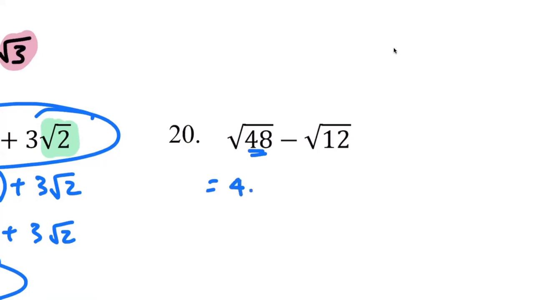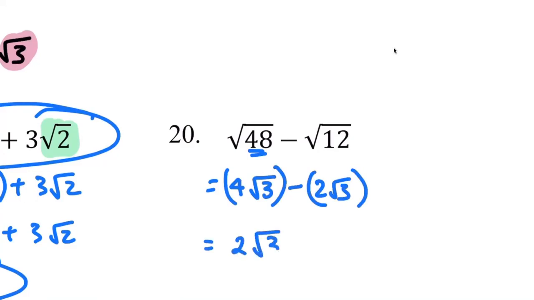Then you know that is 4 root 3. Okay, that's square root of 48. And then square root of 12, well, 12 is 4 times 3, so 2 root 3. So they were not like terms at the beginning, but after simplifying it, they become like terms. So 4 root 3 minus 2 root 3 is 2 root 3.